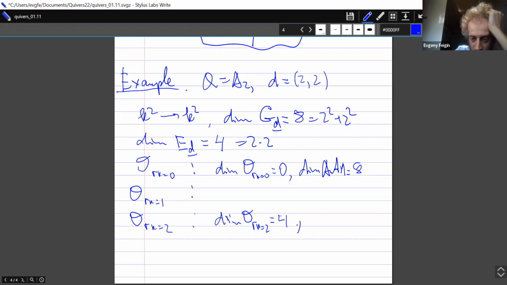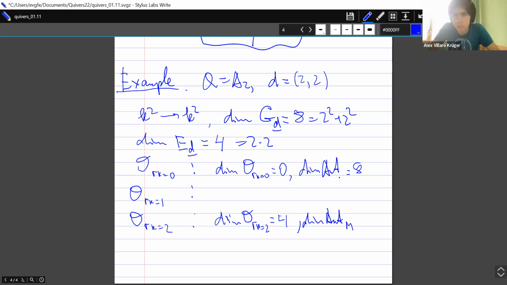Okay, and the dimension of the automorphism group is what? Also 8, just when the determinants are not 0. Why 8? Because when the determinant of the 2 times 2 matrices in GD are not 0, then the orbit will present to itself.